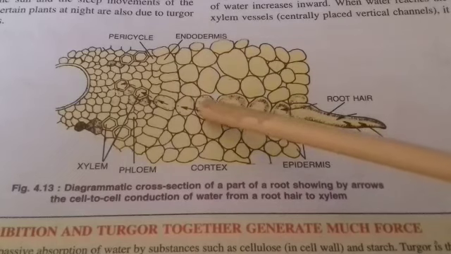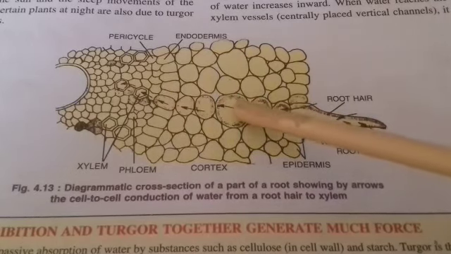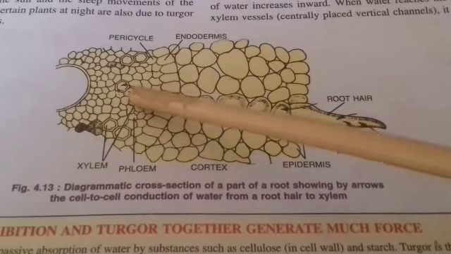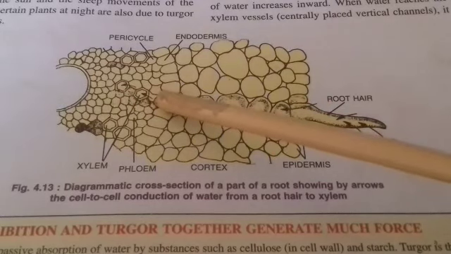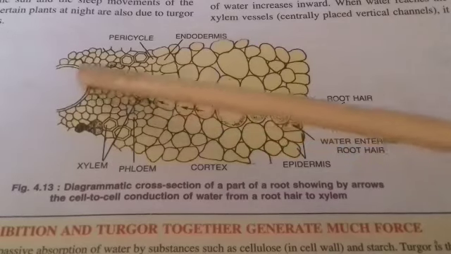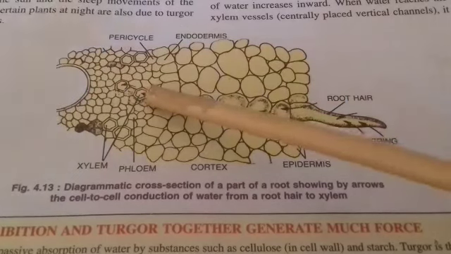Like that, endosmosis or osmosis takes place from cell to cell, and this cell to cell movement of water creates a pressure in the cortex cells or the cells of the root, and that is known as root pressure. And at last it enters into the xylem. From there it goes to the other regions of the plant. Okay.